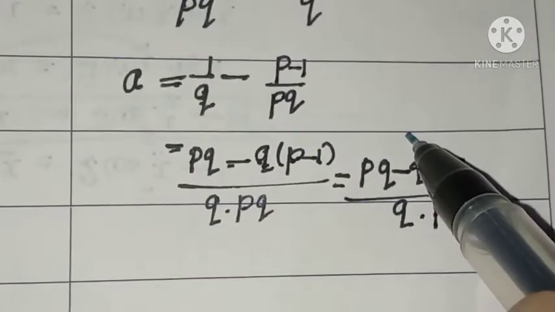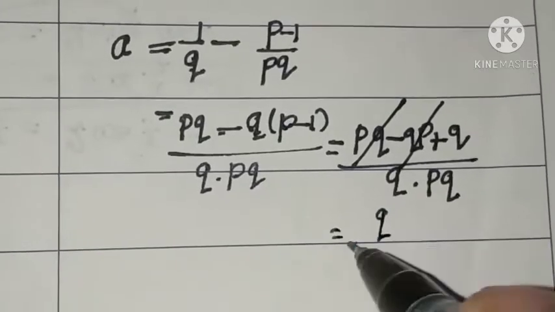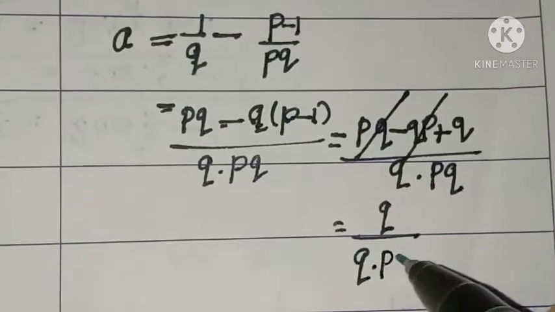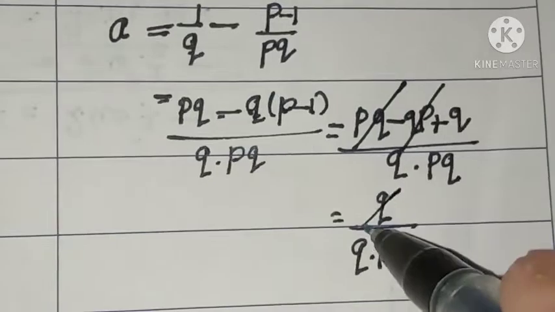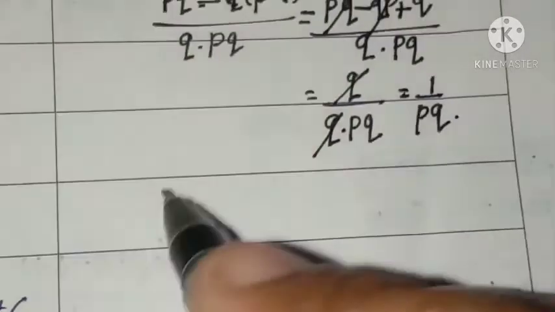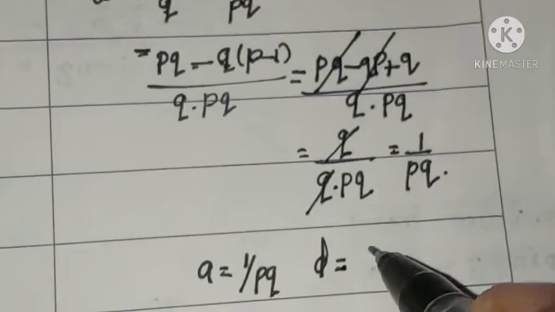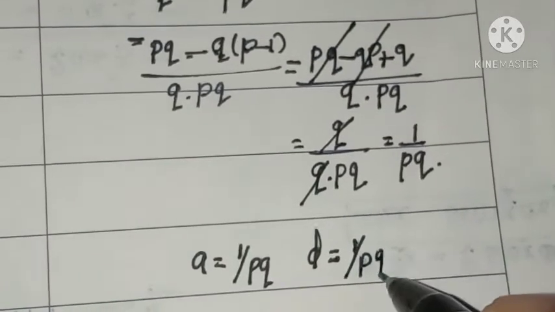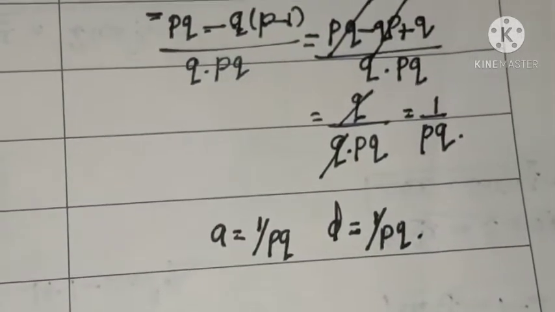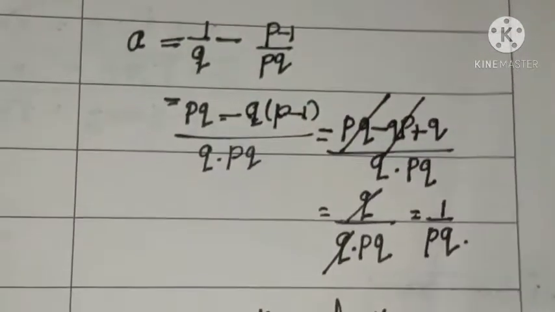Here we can cancel plus pq and minus pq. So the remaining is q by q into pq. Here q cancels. So 1 by pq. So a is equal to 1 by pq and d is also equal to 1 by pq. The first term and common difference are both equal to 1 by pq.